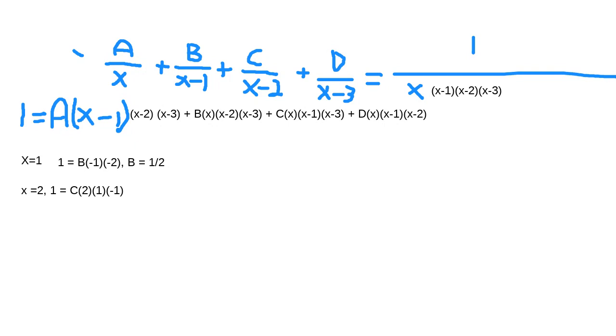So only the c term survives: multiply by 2, 2 minus 1 is 1, 2 minus 3 is negative 1. So we solve this and we get c equals negative half.